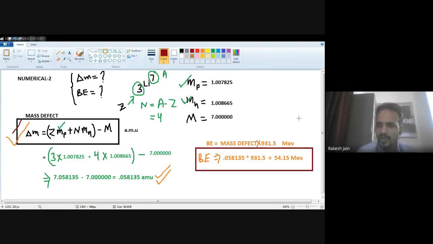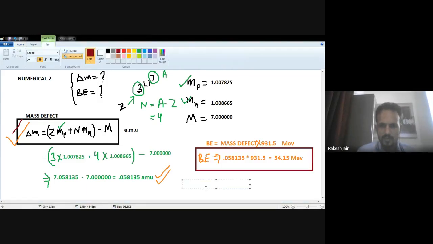So I just write down the binding energy per nucleon. What should be the value of the binding energy per nucleon?